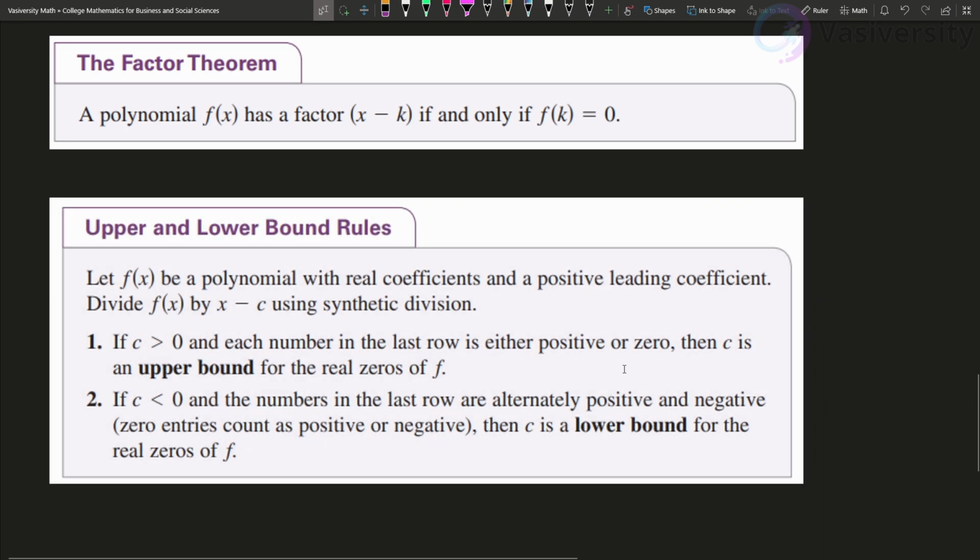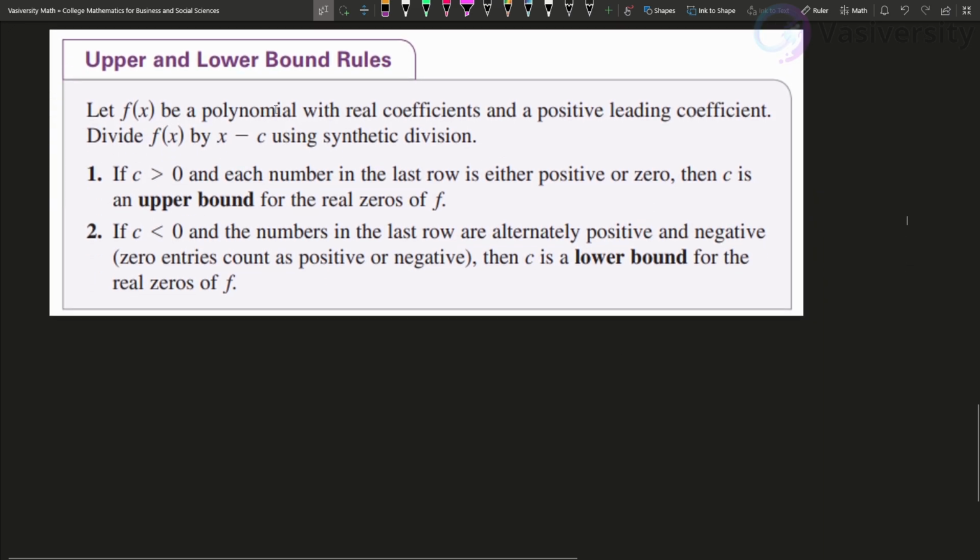If the polynomial has real coefficients and a positive leading coefficient, and we're dividing it by x minus c using synthetic division, if c is greater than 0 and each number in the last row is either positive or 0, then c is an upper bound for the real zeros of f. And if c is less than 0 and the numbers in the last row alternate between positive and negative, with 0 counting as positive or negative, then c is a lower bound for all of the real zeros.